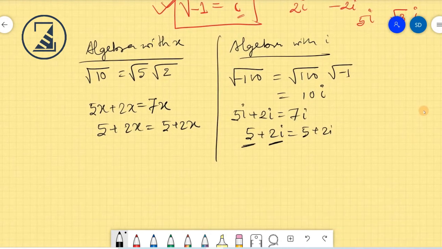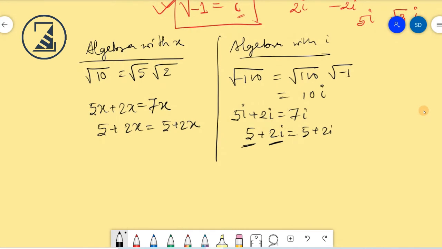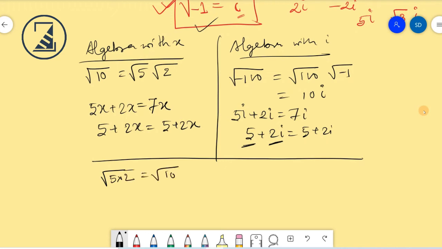While doing algebra with this symbol i, we must be cautious. I'll give you an example where the problem comes. We can write square root of 5 multiplied by square root of 2 as square root of 10, right?